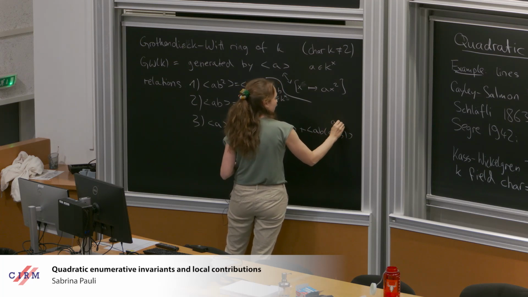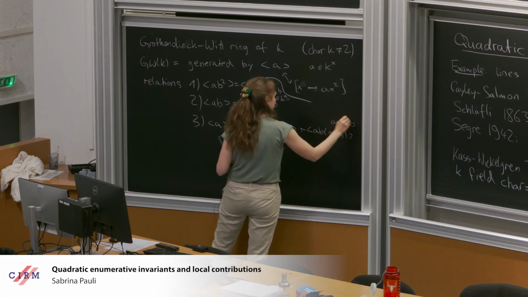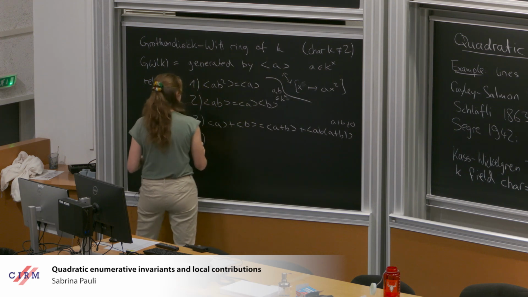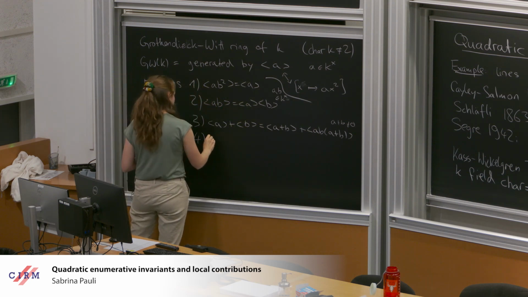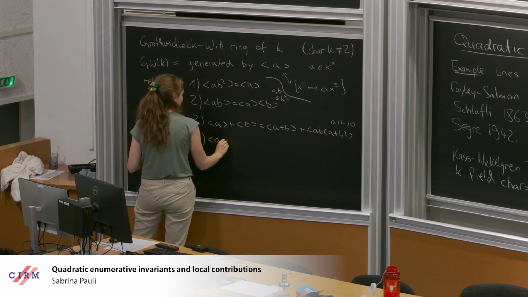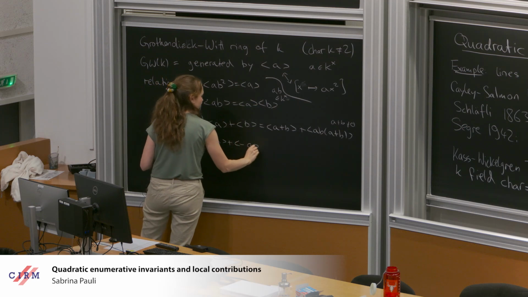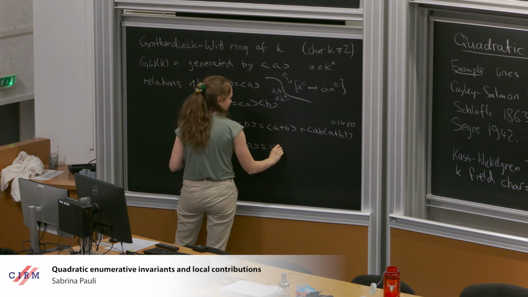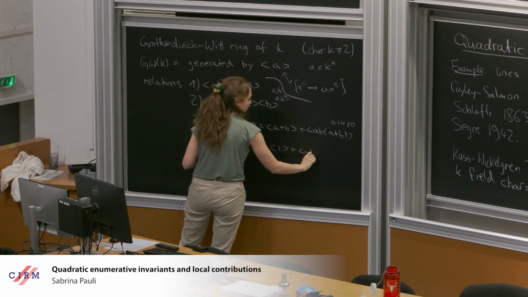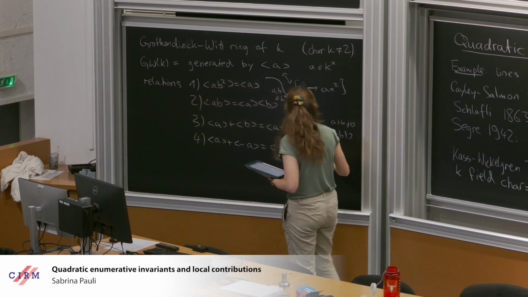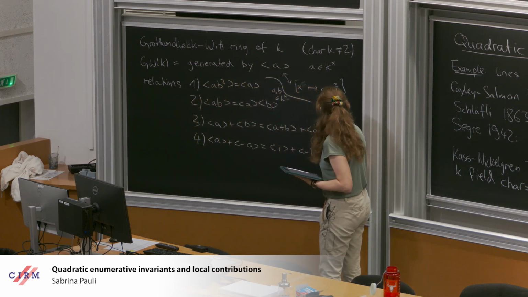Now here we also want that a plus b is not equal to 0. And let's put a fourth relation. a plus minus a is always 1 plus minus 1. And we call this H for hyperbolic form.